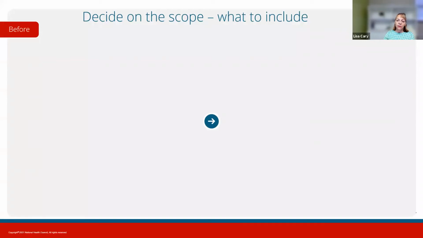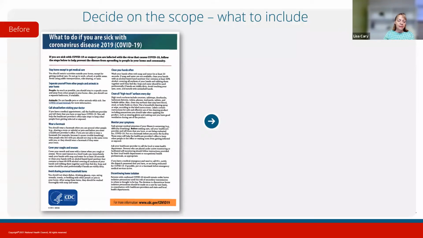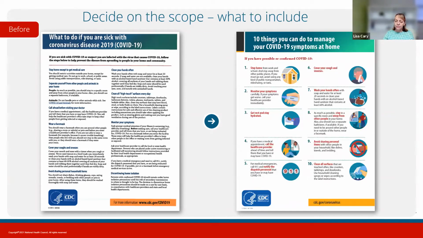And so here, this is from the CDC, and they did a COVID fact sheet that gives a lot of really good, specific information. It's fairly easy to read. They have quite a bit of white space, so that's fine. But here's a different version.